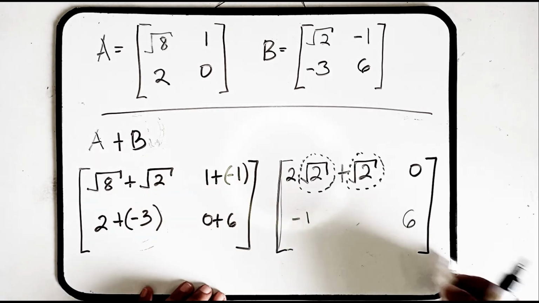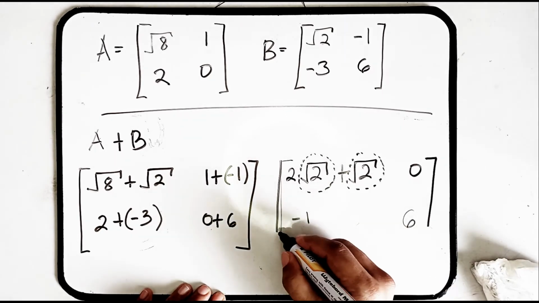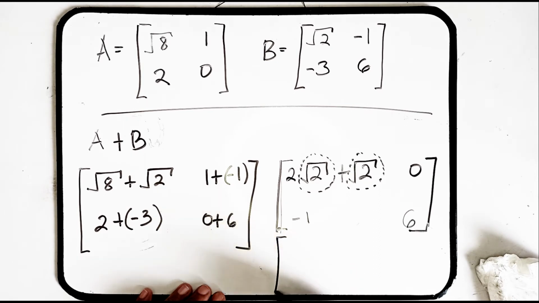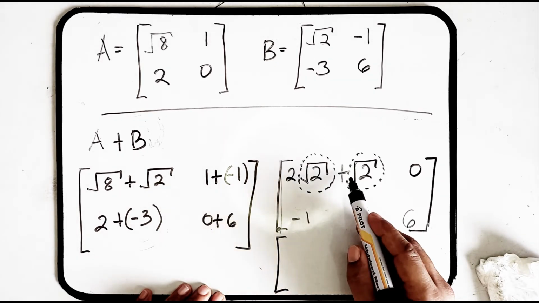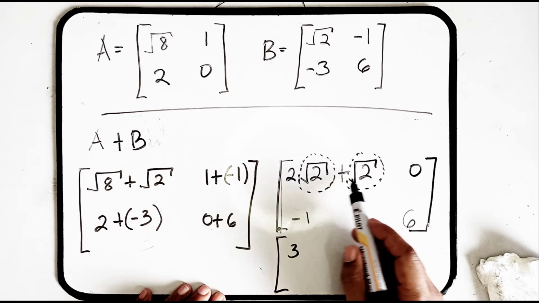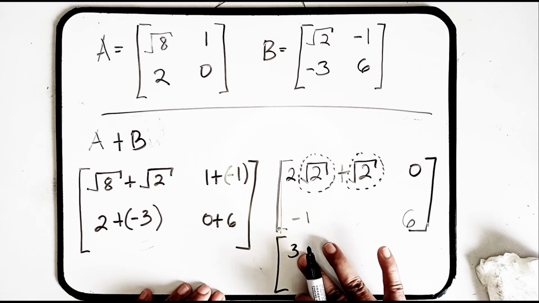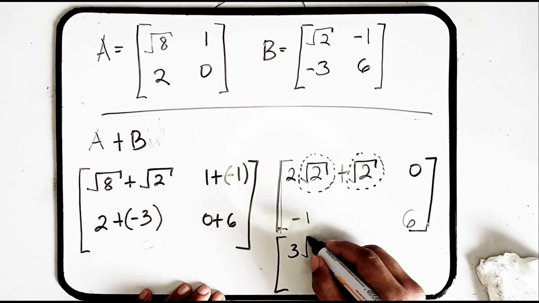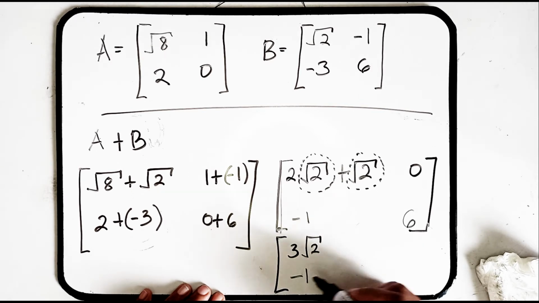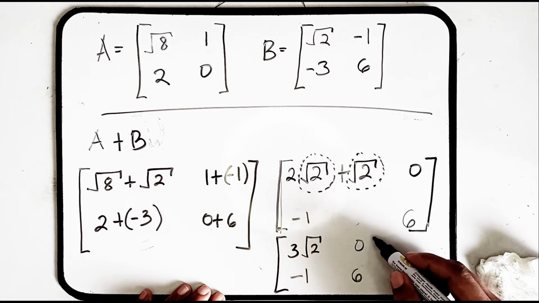Okay, so I'm going to write it down just below this. So this becomes 2 plus 1, this becomes 3, and then we will just copy the number inside the radical symbol, which is 2, and then we'll copy everything from here, 6, 0, and negative 1.